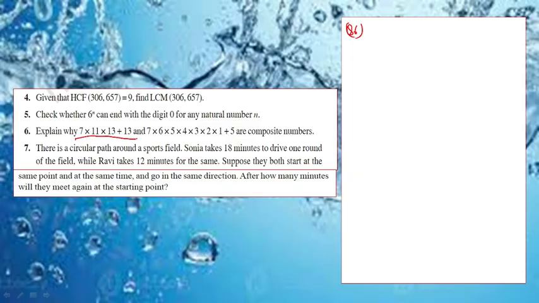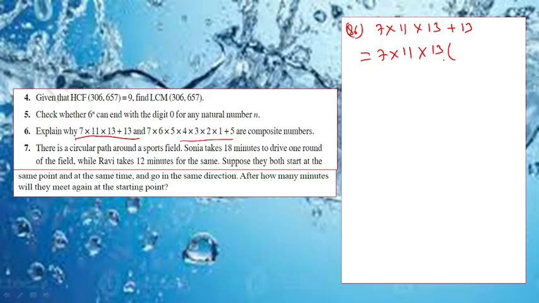Given that these are composite numbers, how will we prove it? So we can write 7 into 11 into 13 plus 13. 13 can be written as 7 into 11 into 13, we can take as common.